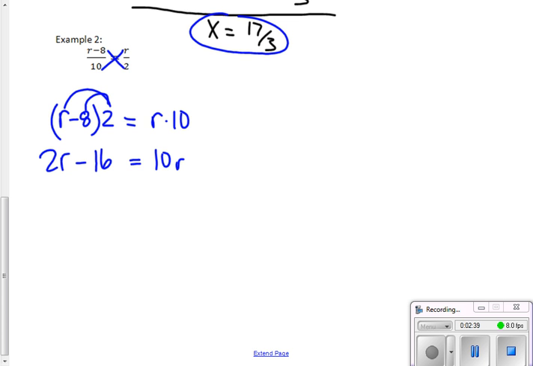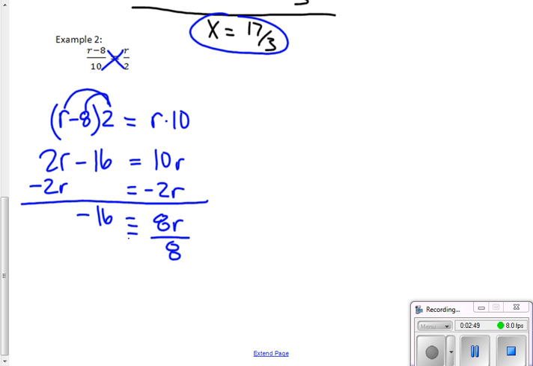Get our r's on one side, so I'll subtract 2r. And I have negative 16 equals 8r. Get r by itself. And we have r equals negative 2. So this would be our solution for example 2.